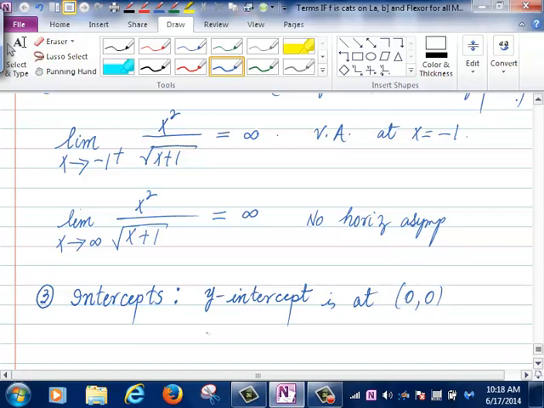right? And how about the x-intercept? To find the x-intercept, we have to let y be 0, right? Am I making sense? That is, you let f of x be 0 and then solve for x, right? So this is the function f of x. If I set this equal to 0, then I have to solve for x, okay?